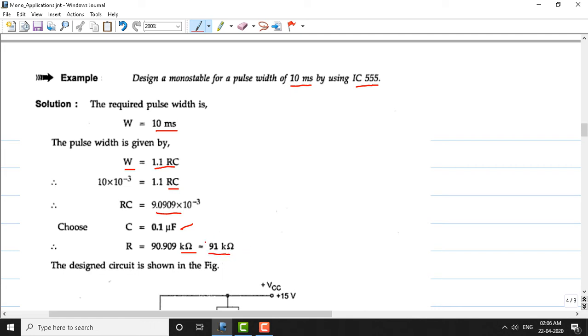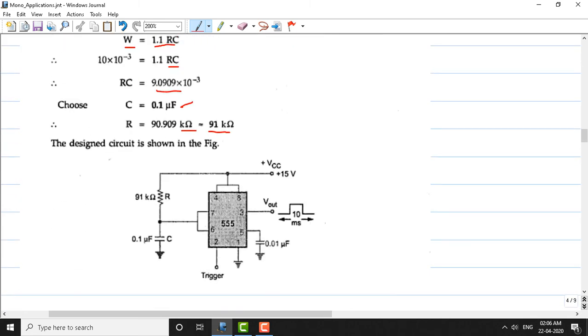Sometimes this 91 kilo ohm may not be a standard value and may not be available. Therefore, we can use potentiometers to adjust. We can adjust a 100 k potentiometer to 91 kilo ohm resistance. Once we design the monostable multivibrator circuit, we can substitute these values in the circuit.